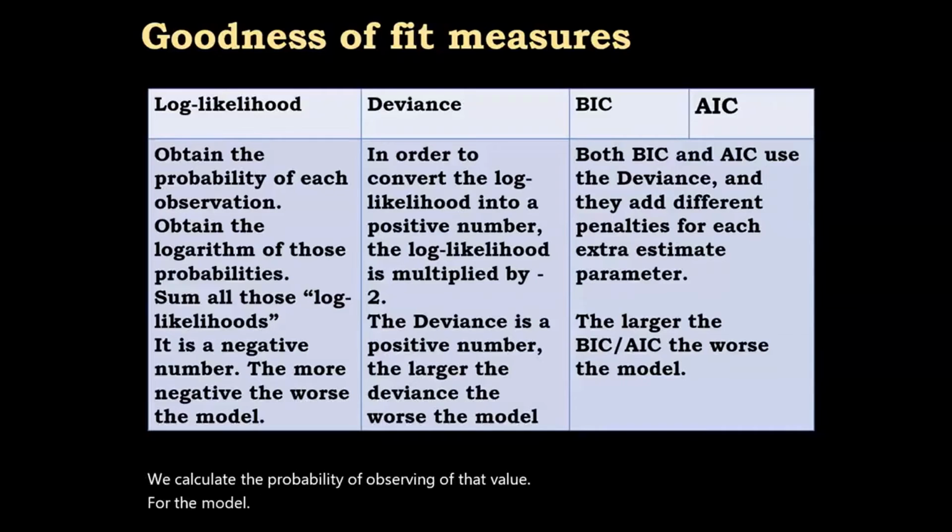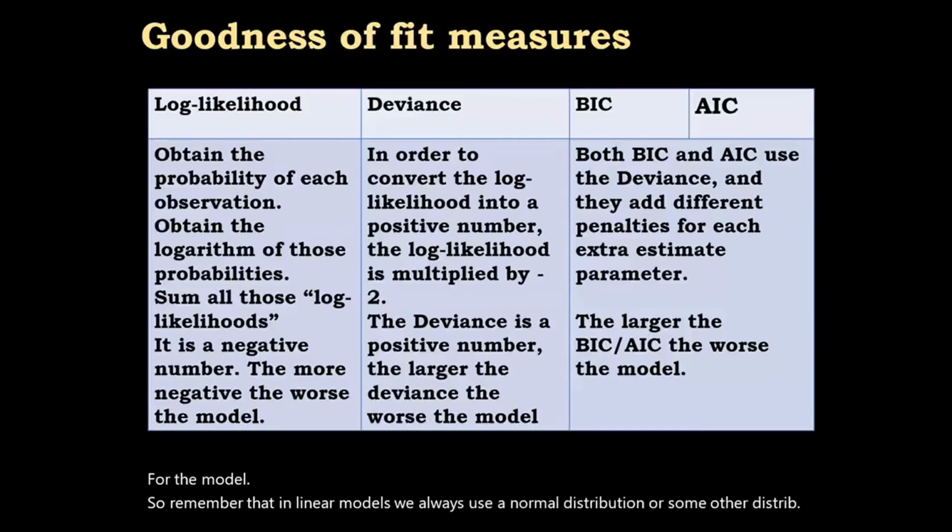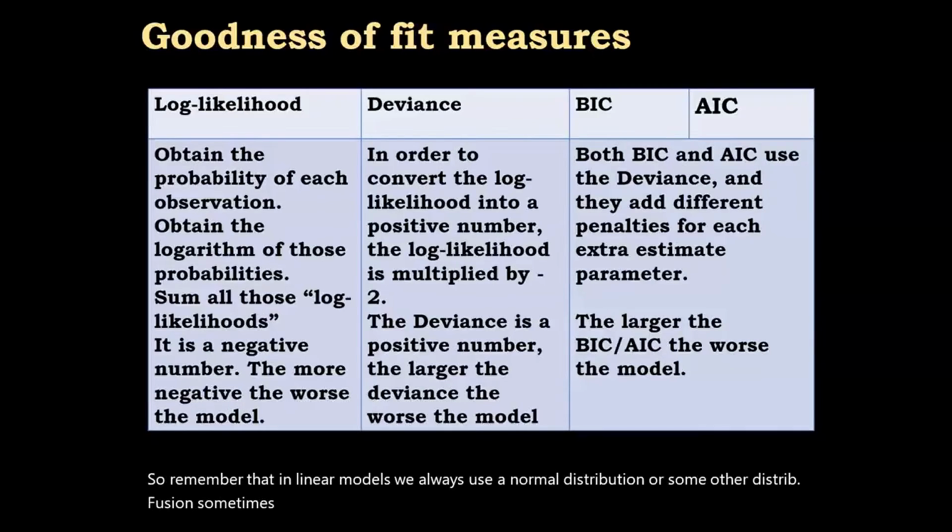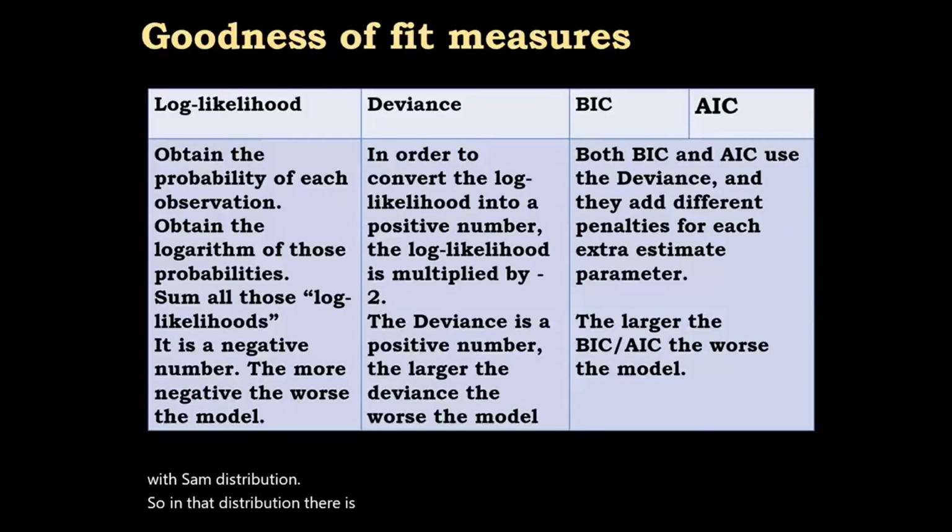So remember that in linear models, we always use a normal distribution or some other distribution, sometimes a t-distribution, to predict the data. So each observation is predicted with some distribution. So in that distribution there is a probability of observing that value that we observed.